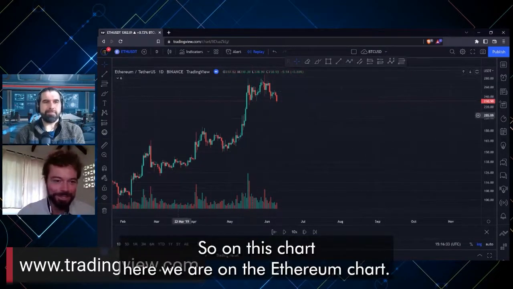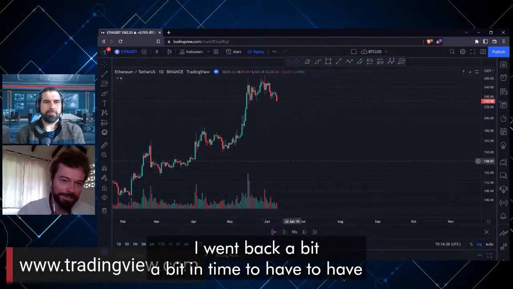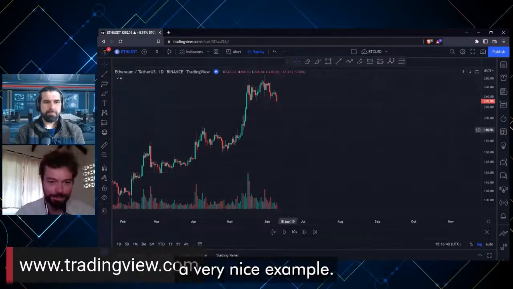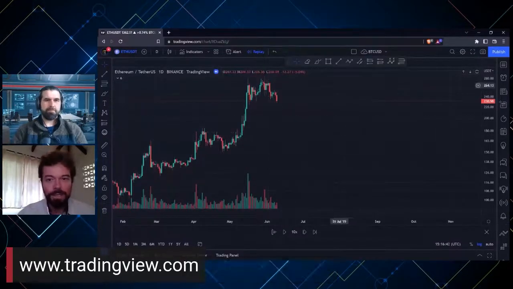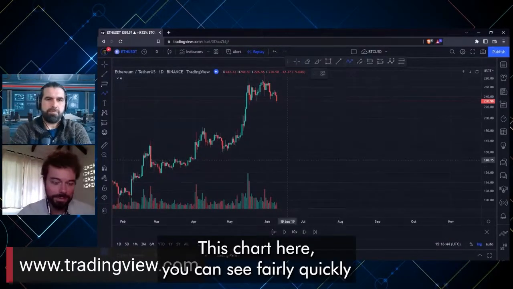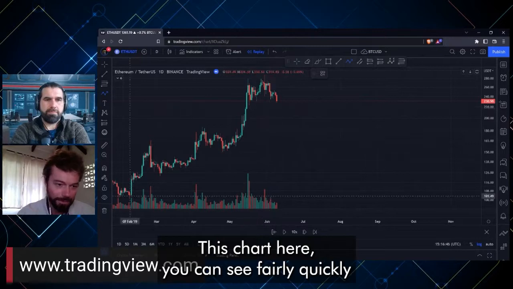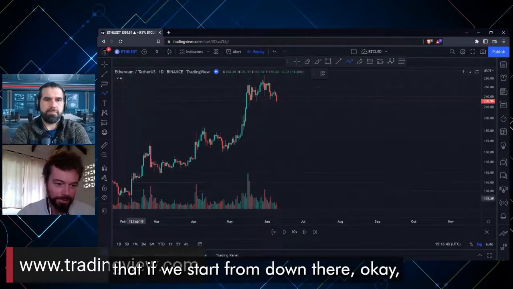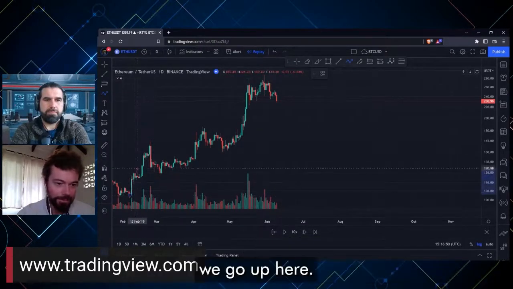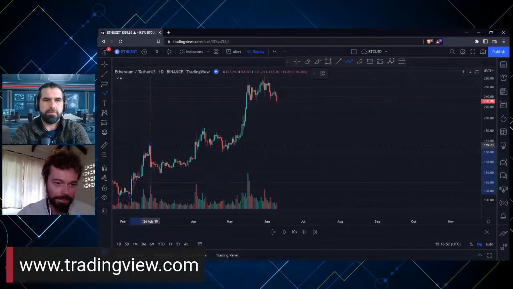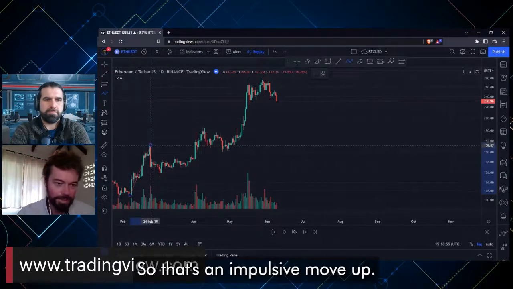Okay, so on this chart here, we're on the Ethereum chart. I went back a bit in time to have a very nice example. On this chart here, you can see fairly quickly that if we start from down there, we go up here. So that's an impulsive move up.